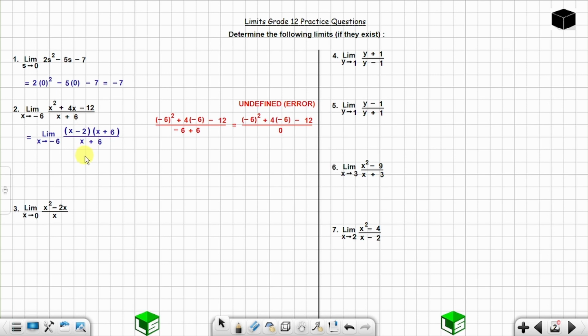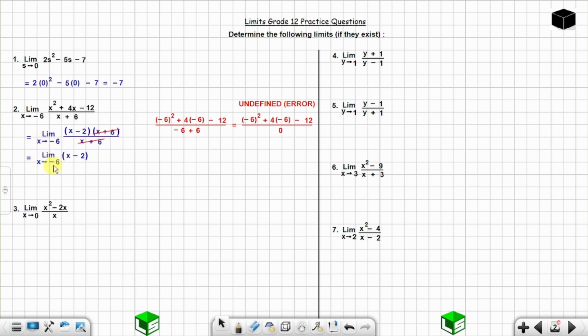Now can you see? You got x plus 6, x plus 6. You can cancel this. When you cancel, you are going to have this left. So this is equal to the limit as x approaches negative 6 of this.